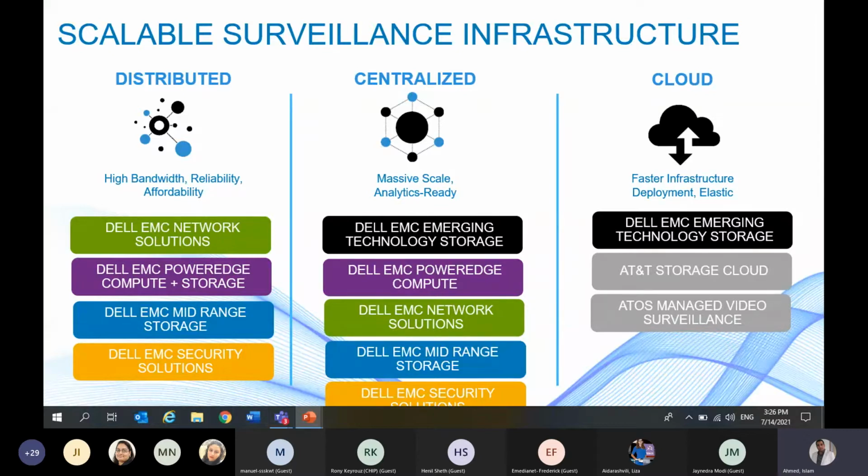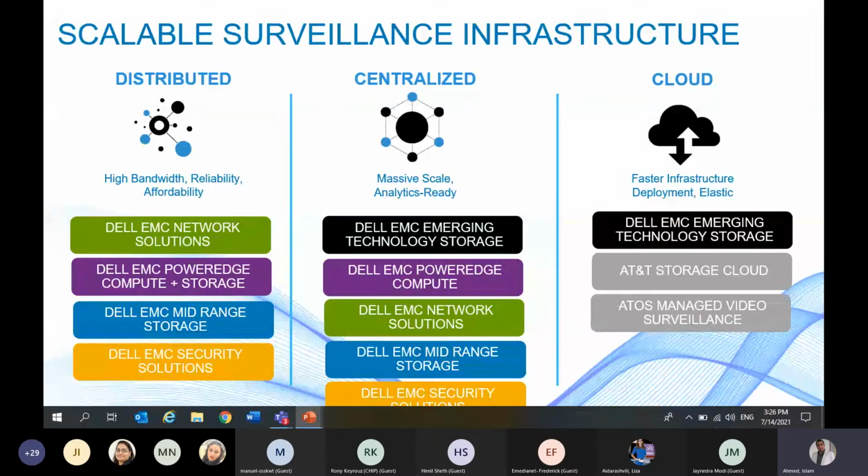But for a centralized project, we usually don't use the same words, because customers who are seeking a central system are usually seeking a system that can accommodate a huge number of cameras in one location. So their main concern is massive scale. Is the system scalable or not?